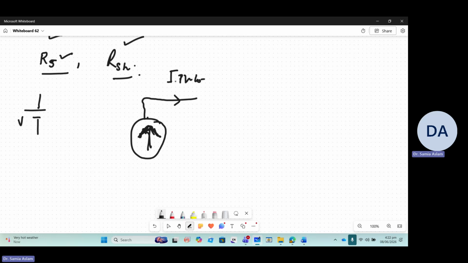Now, how many components are eating up this photonic current? They will definitely be considered as parallel paths, and they are acting as a load on this voltage source. Just consider a series resistance.